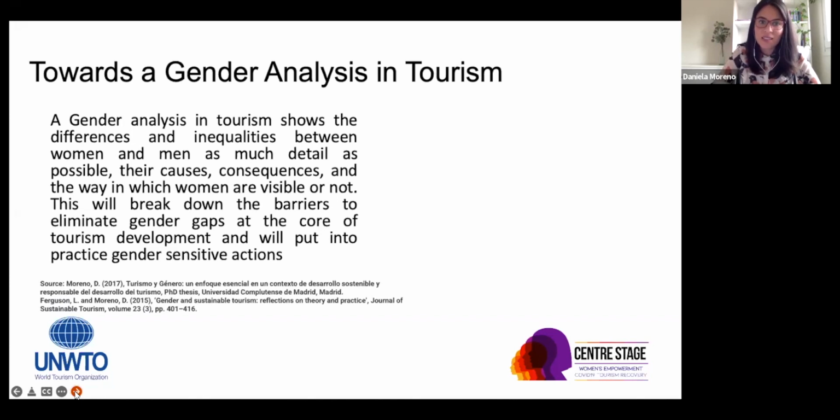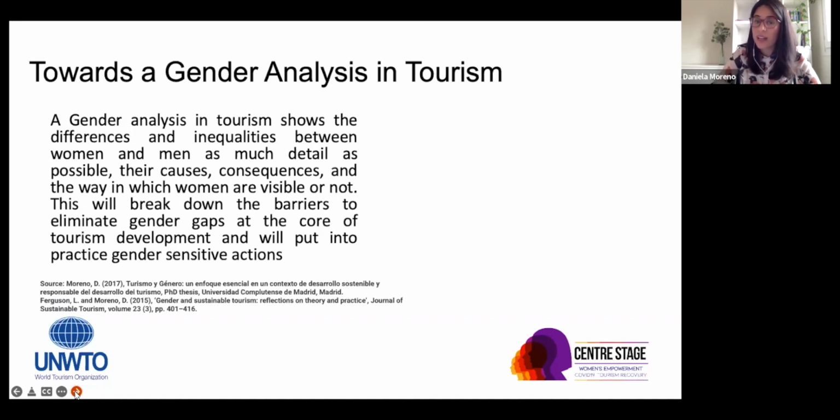A gender analysis in tourism shows the differences and inequalities between women and men, in as much detail as possible, their causes, consequences, and the way in which women are visible or not. This will break down the barriers to eliminate gender gaps at the core of tourist development and will put gender-sensitive actions into practice.